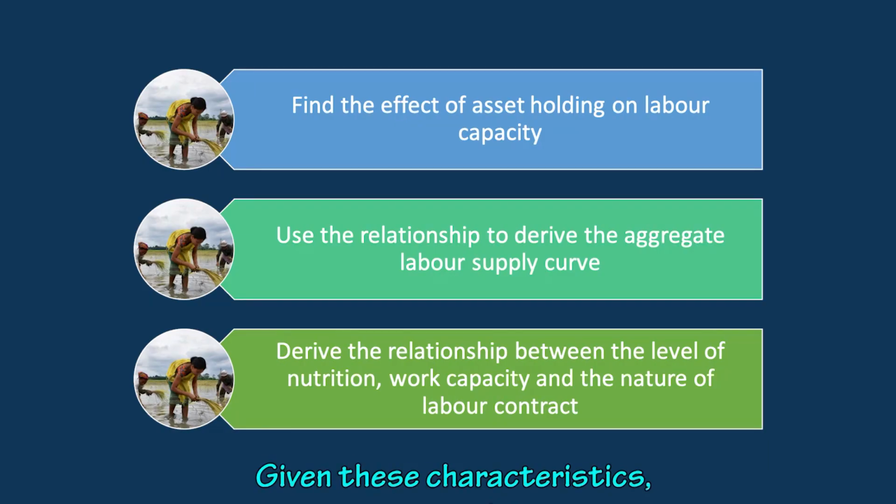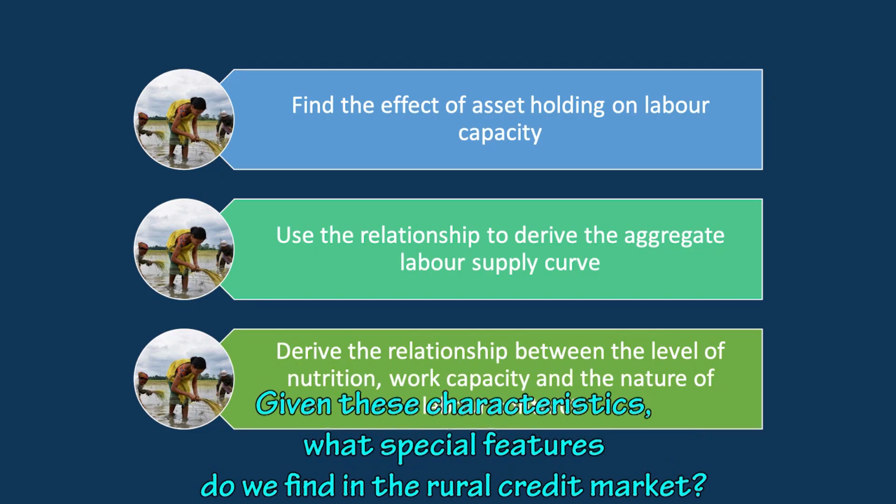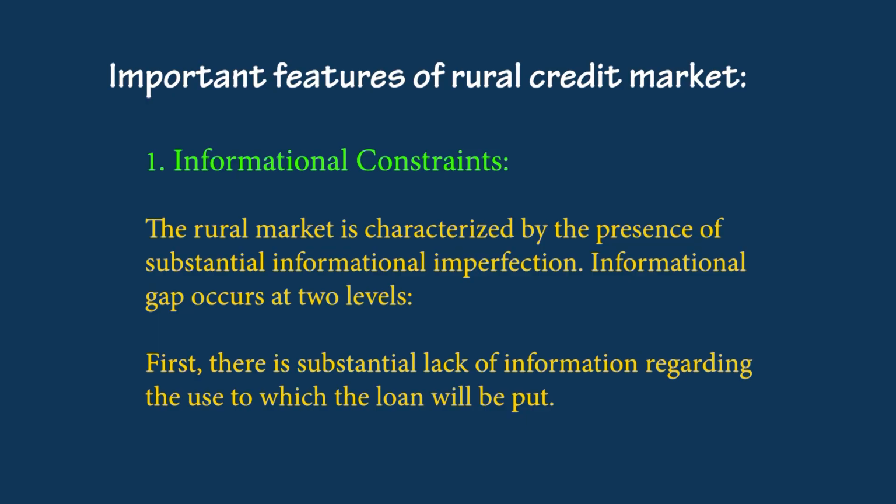Now, given the problems with the institutional lenders, let us move to our next question. What special features do we find in the rural credit market? If we look at the rural credit market, then we find 6 important features. The first feature is related to informational constraints.